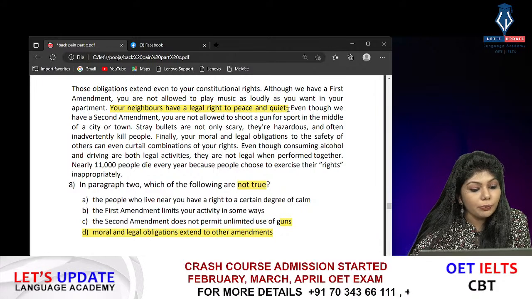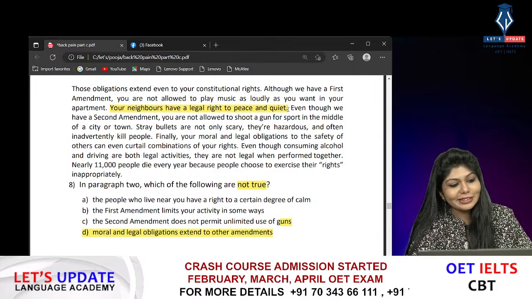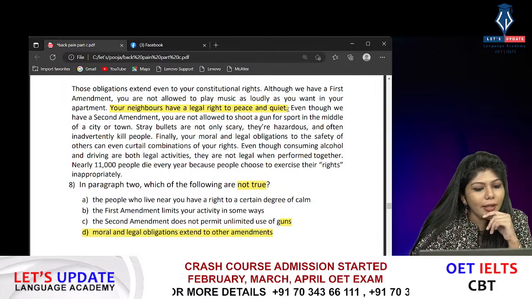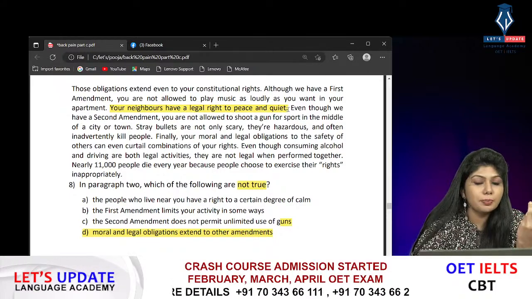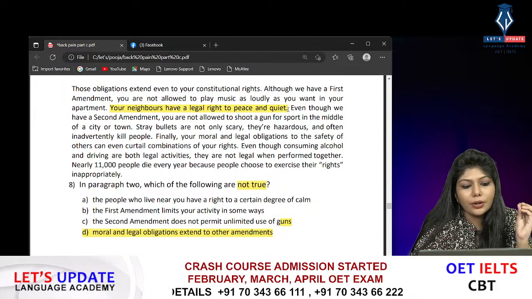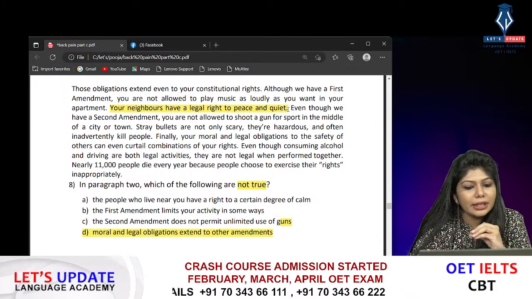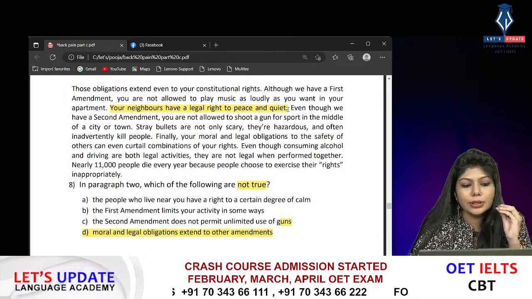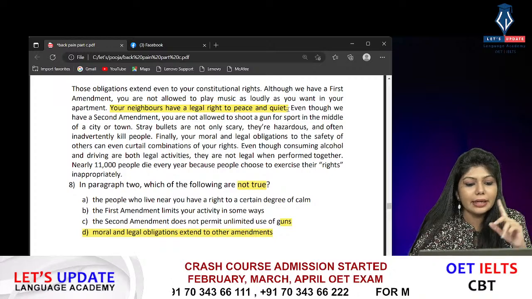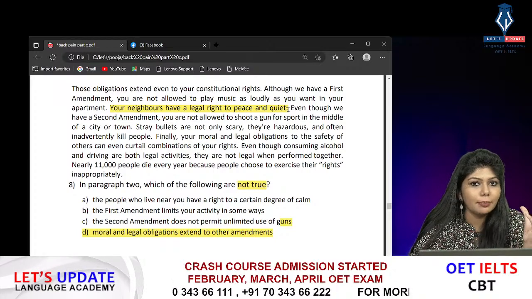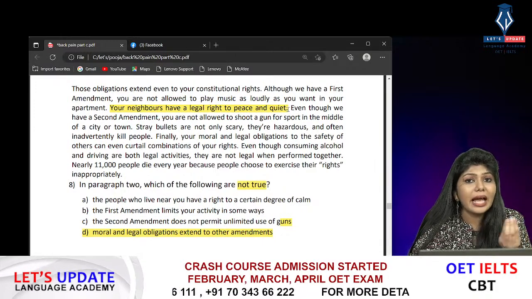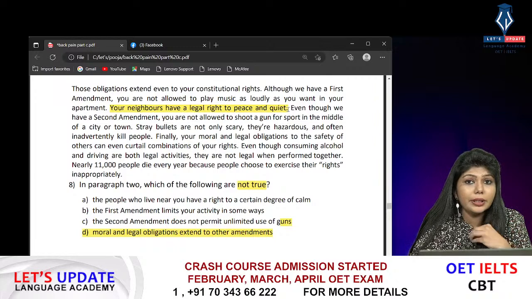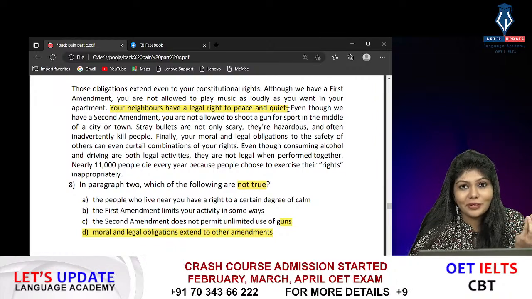As mentioned in the paragraph also, even though you have this First Amendment right to speech, you are not allowed to play music as loudly as you want in the apartment, because your neighbors have a legal right to peace and quiet. That means it limits your activity in some ways. You can't do whatever you want whenever you want.